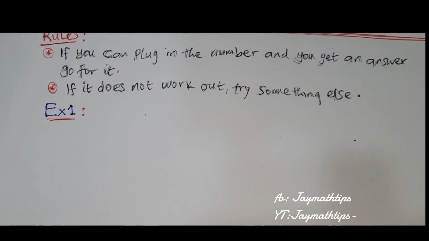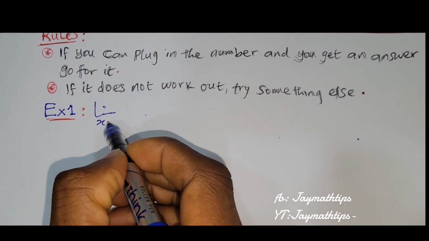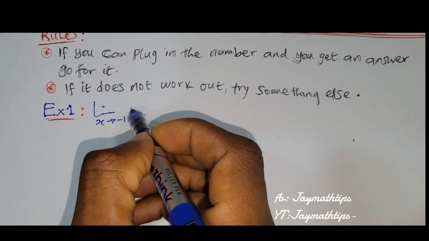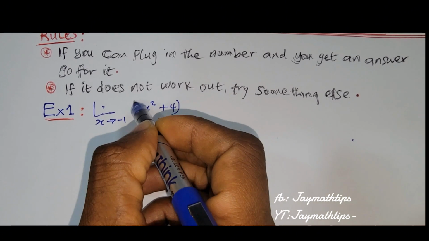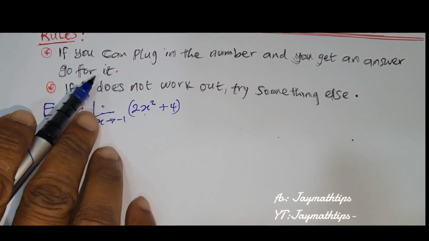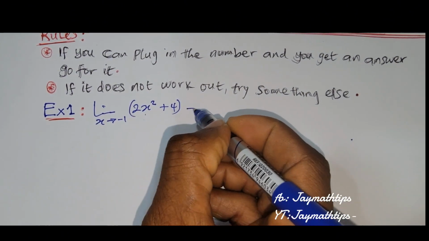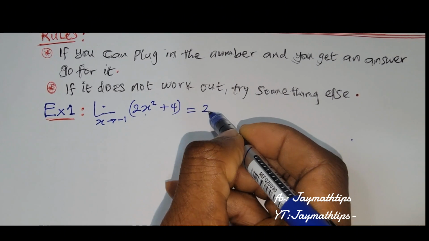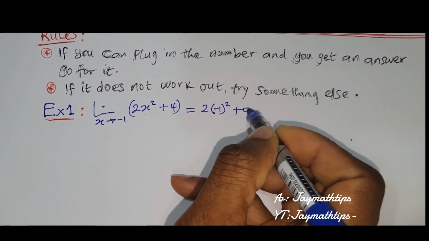Let's go. We have example 1, the limit as s approaches minus 1 of 2s squared plus 4. Remember, you are going to plug in the number. Look at what you have here, minus 1. So by the time we plug in this number, you have 2 multiplied by minus 1 all squared plus 4.